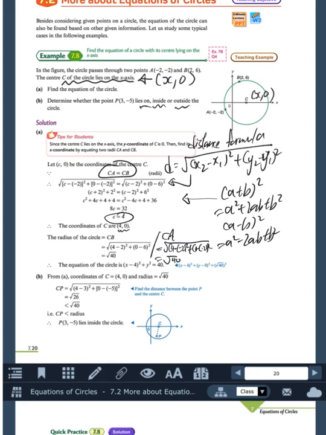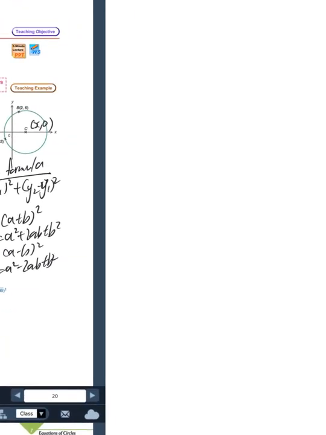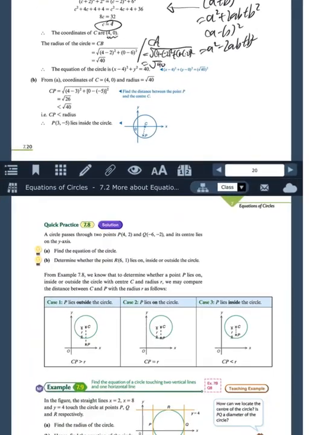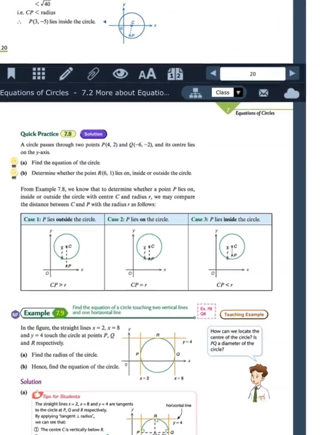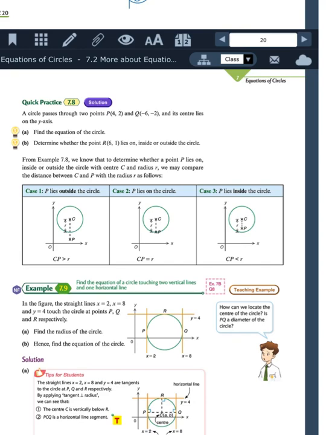Before we do this question, you should look at the next page. How can we determine the location of a point, whether it lies inside, outside, or on the circle? We should check the distance, the distance between the center and the point, that should be CP, and compare with the radius.